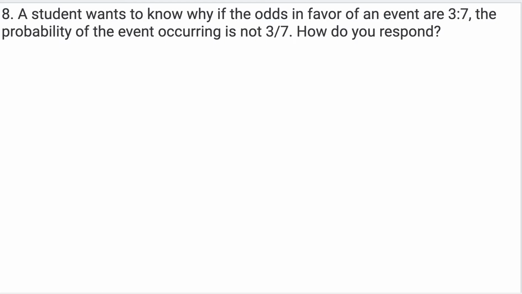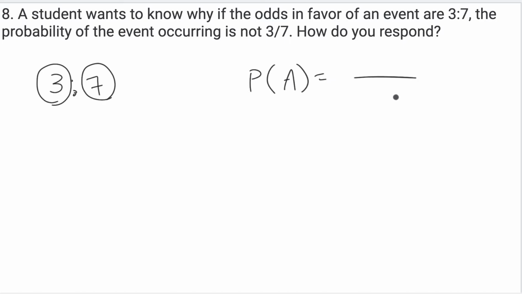Okay. Number 8. A student wants to know why, if the odds in favor of an event are 3 to 7, the probability of the event occurring is not 3/7. If it's 3 to 7, that means will happen is 3, will not happen is 7. To find the probability of that event, you need to think about the total.